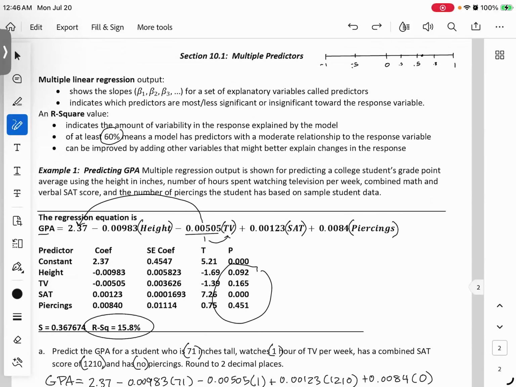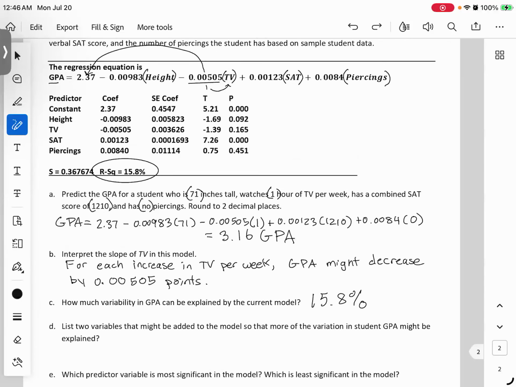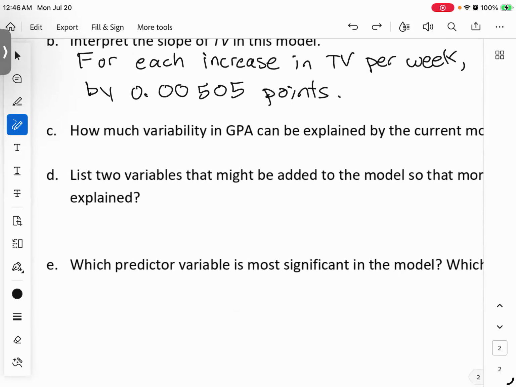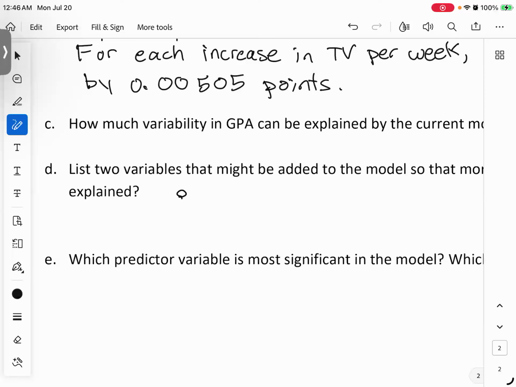Now, what they're going to ask you to do is not so much who you're going to get rid of, but if you were to add some new variables that maybe are better than piercings or better than TV at predicting GPA, because you can imagine them having a much closer relationship with GPA, what would you put in? And that's all you're going to do anytime you're doing one of these assignments or problems related to 10.1.